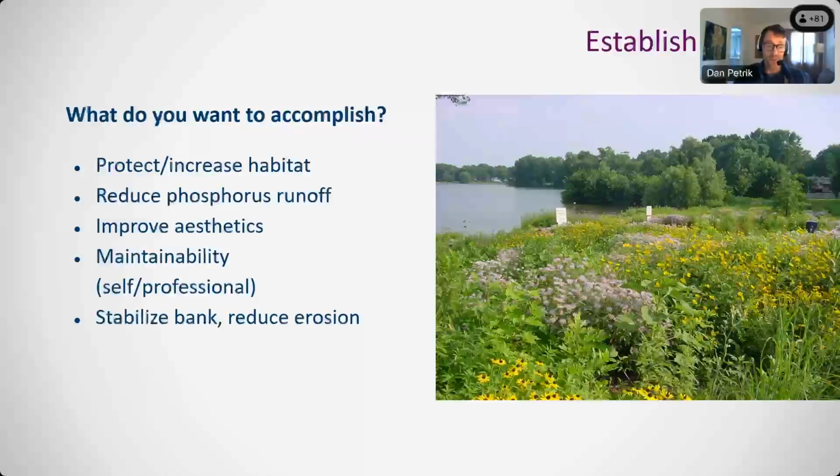You might also want to think about phosphorus runoff. What is the shape of your lake now? Is it somewhat impaired? Is it trending towards impairment? Is it in great shape? That would probably influence the type of vegetation you choose and where you put it, and consider what's upstream. What kind of runoff are you getting? So a lot of considerations there in developing goals.